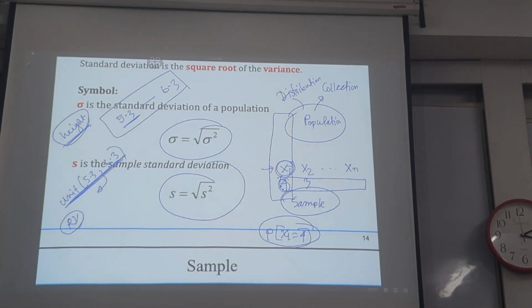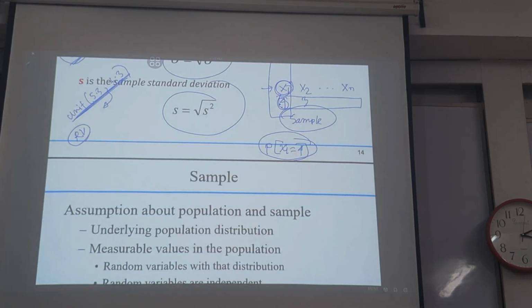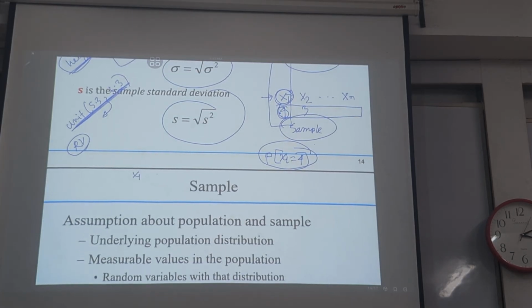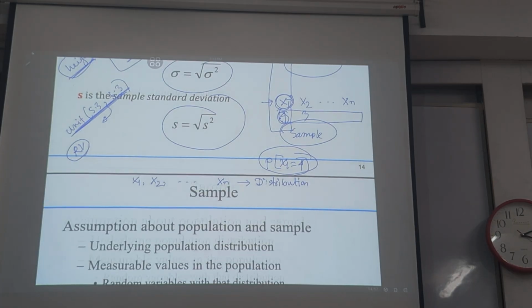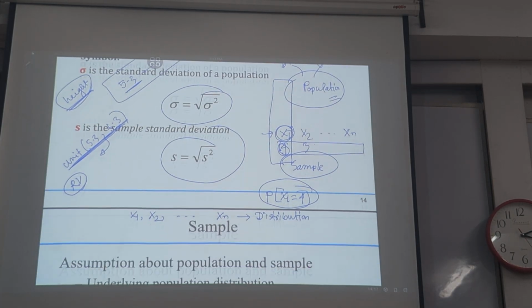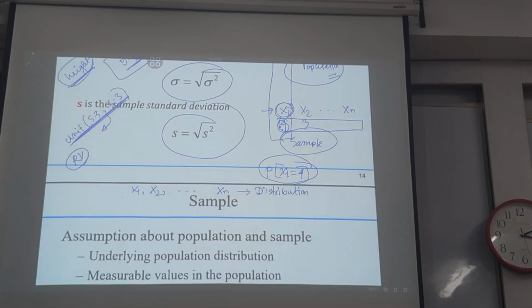So whenever we consider a sample, we consider that we have a set of random variables X1, X2, up to Xn. Since they are random variables, they will have a distribution, and the distribution of these random variables is the same as the population distribution. There are other things: this sample should be IID. You can recall IID? Heard somewhere, right?